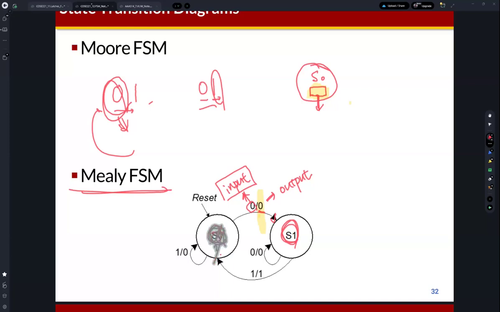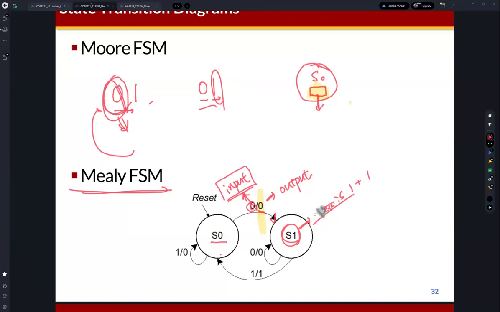So in a Mealy FSM, it's S0, then if input is 0, then it goes to the S1 state. S1 state means that if next is 1, then output can be 1. So first 0 is detected.